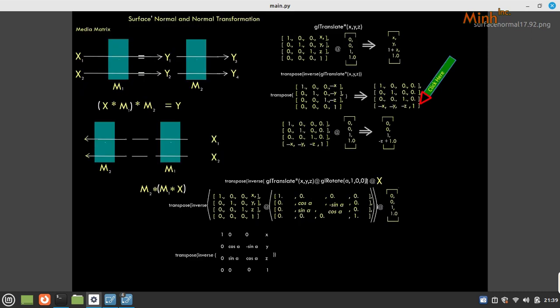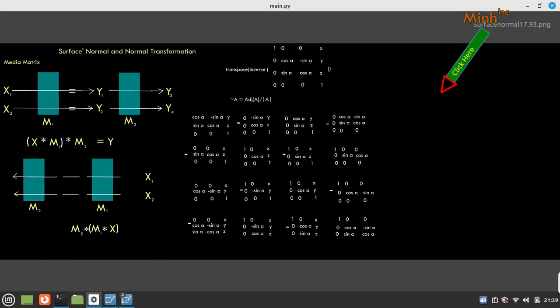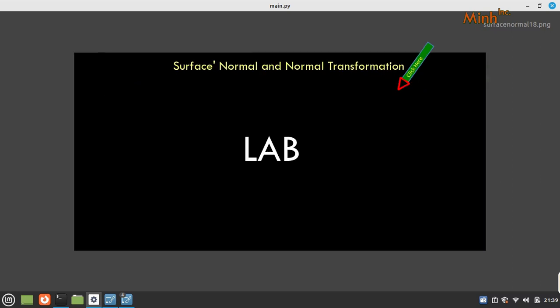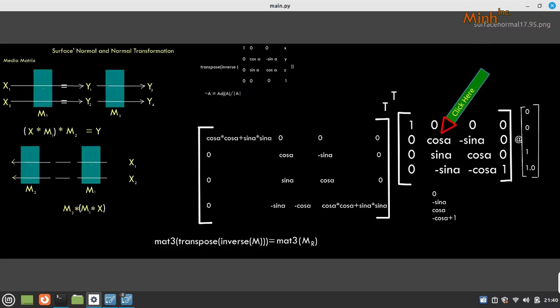If I don't take out the top 3 rows and don't do the transpose inverse, then with simple matrix multiplication in the normal, it will fill up x, y, z, and it will go away immediately. I mean, there won't be any lighting at all. So the replacement of transpose and inverse is kind of matrix 3. If I take out the top 3 rows and columns, it is done.